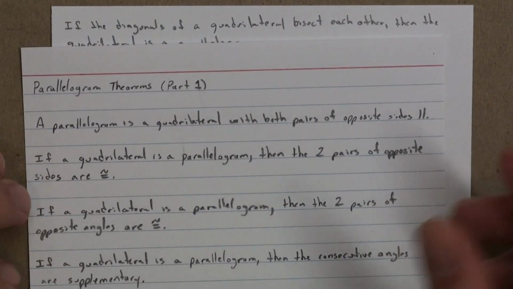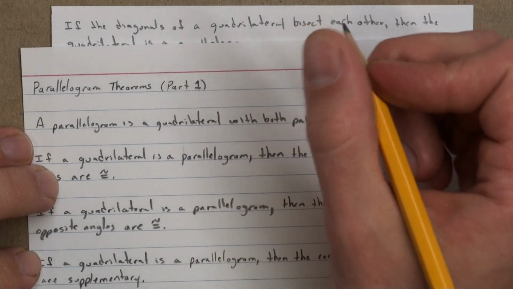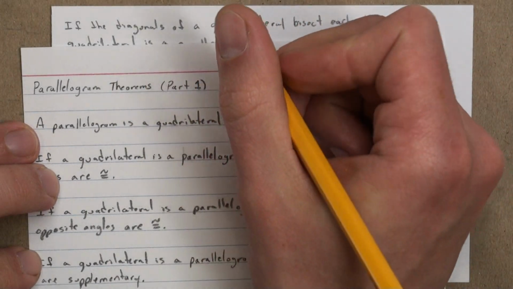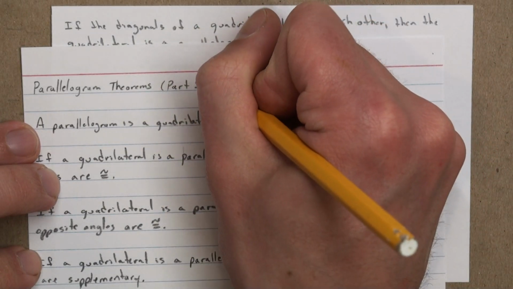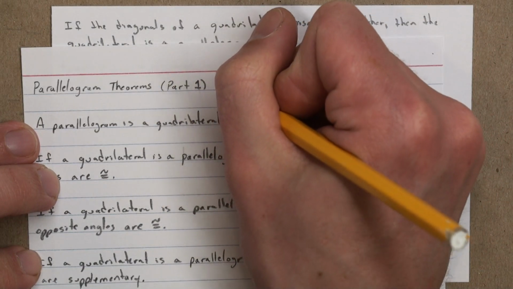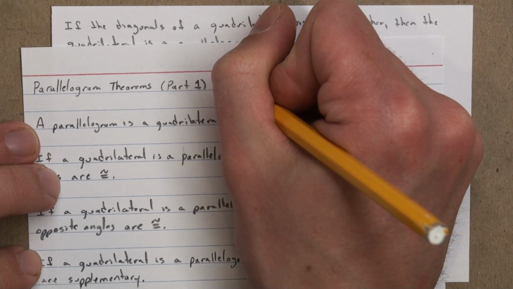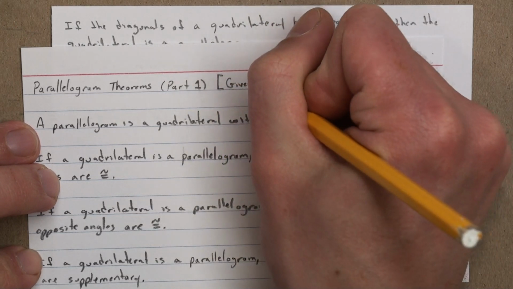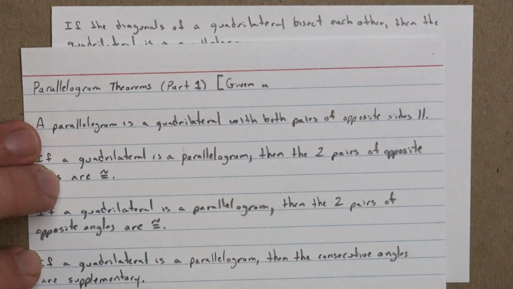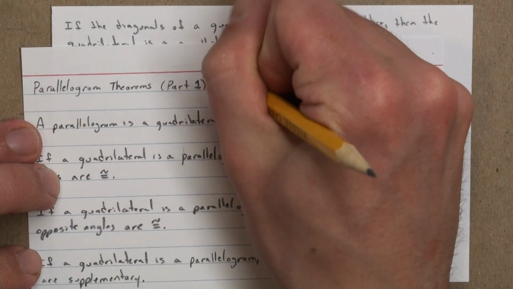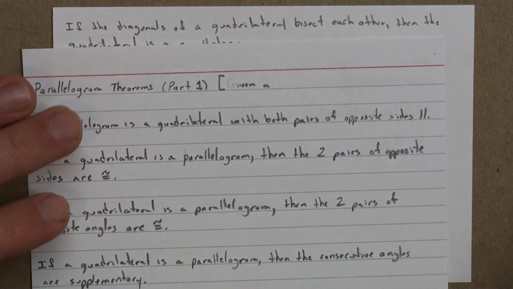For card 97, up here next to the top, let's put in brackets right next to this, given a parallelogram. Let's make that a lowercase g. No reason that should be capital.